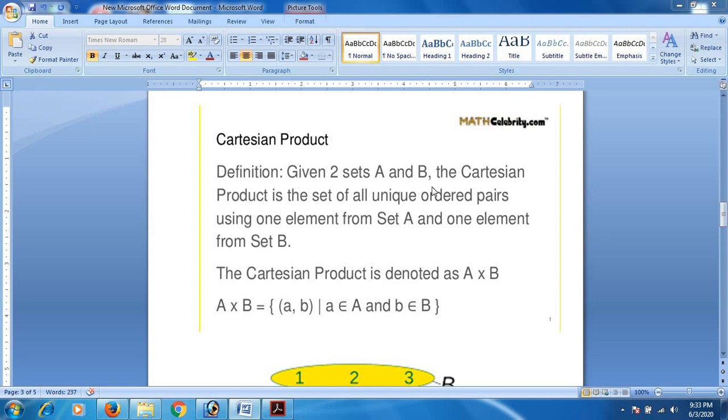Given two sets A and B, the Cartesian product is the set of all unique ordered pairs using one element from set A and one element from set B. So the Cartesian product is denoted as A cross B. We can denote this way also: A cross B equal to set of (a, b) such that a belongs to A and b belongs to capital B.